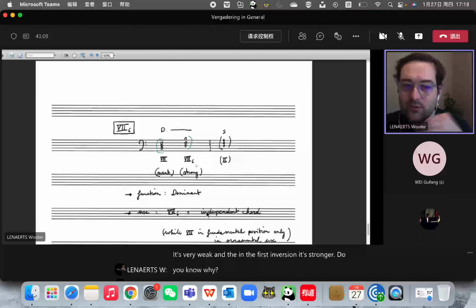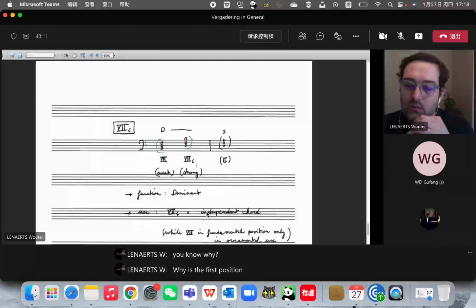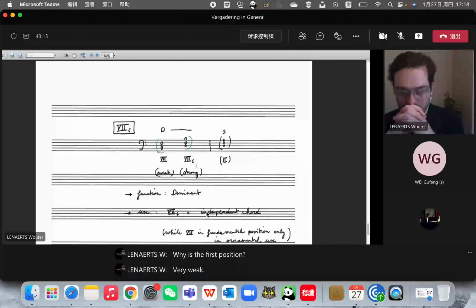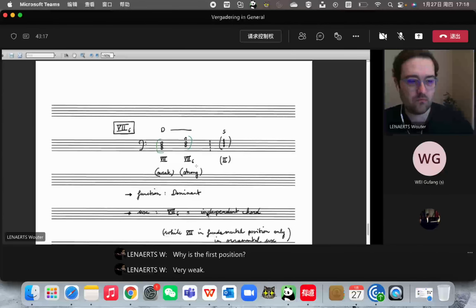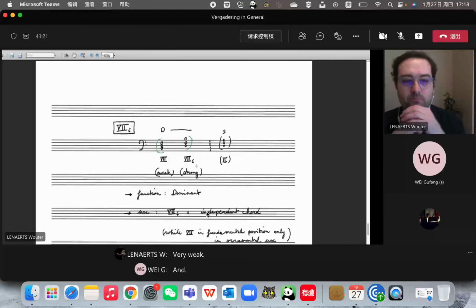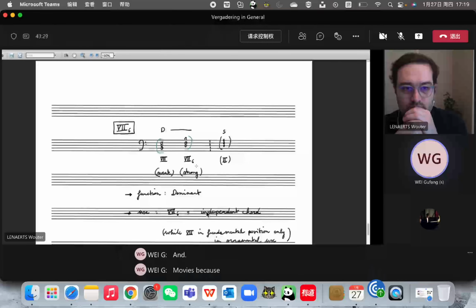Why is the first position very weak? You said it's like a subdominant, it's more like the second degree, because it can get a melody to 2.